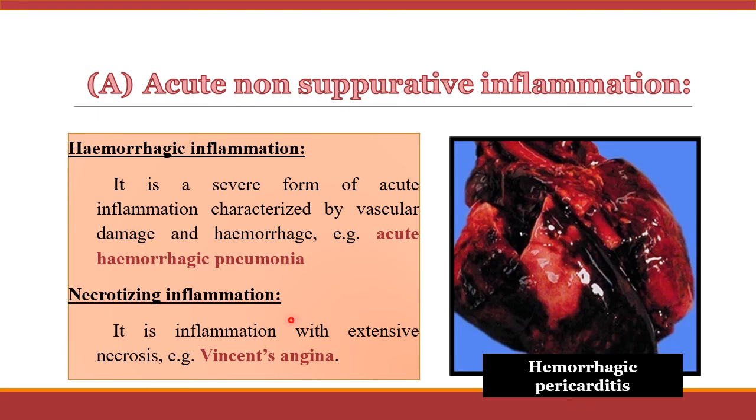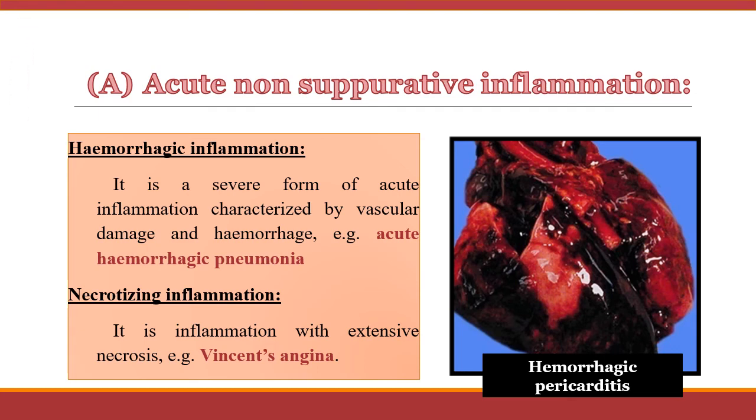The next type of inflammation, this is not very common, is necrotizing inflammation. And with the name necrotizing, it means we have extensive necrosis in this type of inflammation. And a common condition here for this type of inflammation is called Vincent Angina.